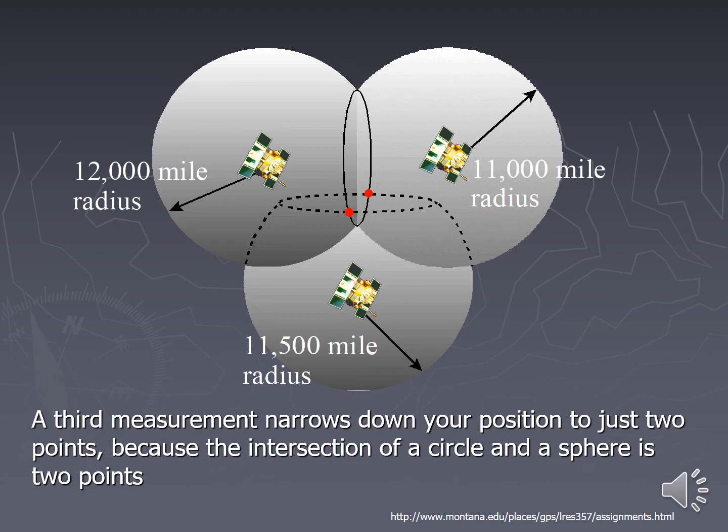More often than not, with this set of 2 points, 1 point is a logical location, i.e. the location you're actually at, and the second location is one that makes absolutely no sense. Either it's somewhere in the middle of the Indian Ocean, or it is someplace that is completely not even on the globe.